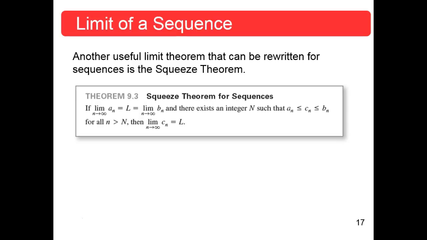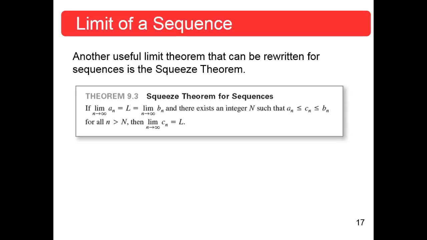Another useful, let's see, I think we have time for it. Another useful limit theorem that can be written for sequences is the squeeze theorem. Okay. If the limit as n approaches infinity of a sub n is some limit L, and that's also, by the way, the limit for b sub n as n approaches infinity.